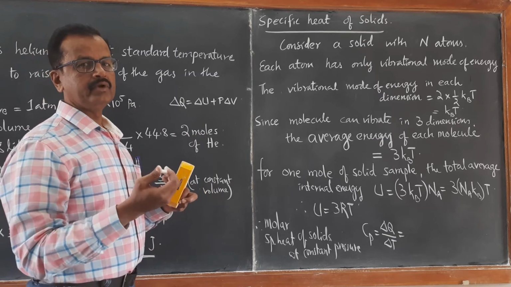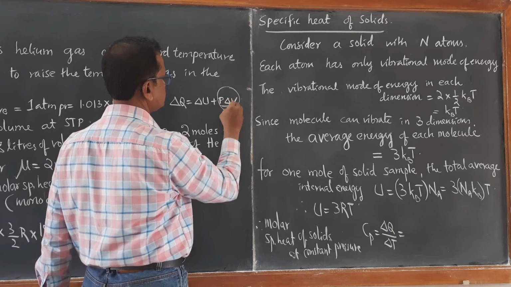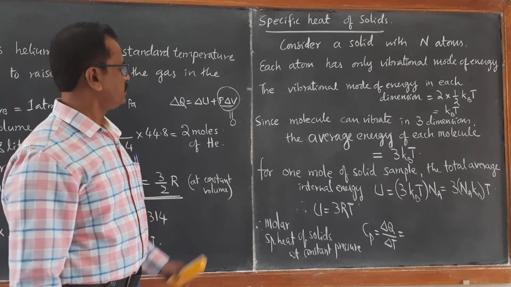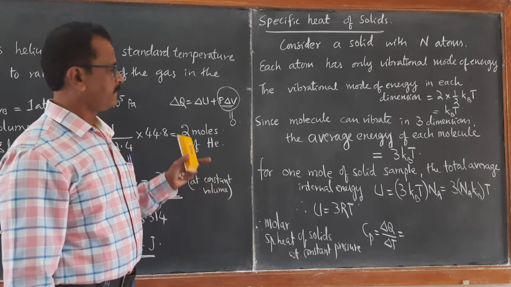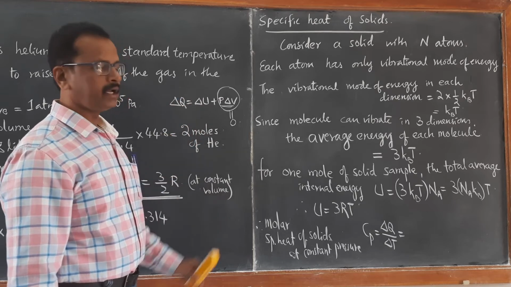The increase in volume is negligible, so delta V becomes 0. Therefore, delta Q becomes equal to delta U.